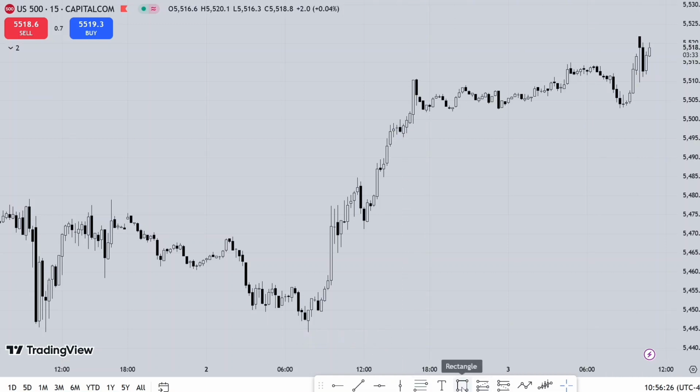So first and foremost, we have to understand a candlestick. You must first understand what comprises a candlestick. That is the skeleton of a candlestick to understand what we're about to discuss right now.